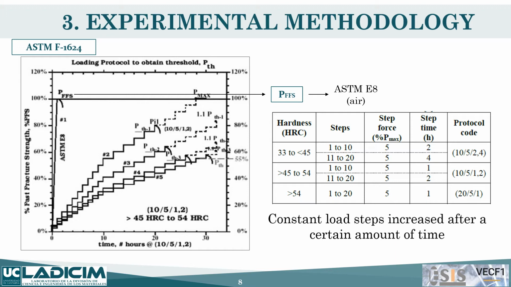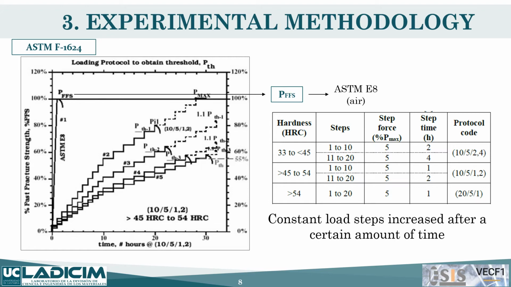If it is lower than 33 Rockwell C, the step methodology cannot be applied. If it's between 33 and 45, we will apply 20 steps of 5% of a maximum load that will be defined later, with a duration of 2 hours for the first 10 steps and 4 hours for the second 10 steps.